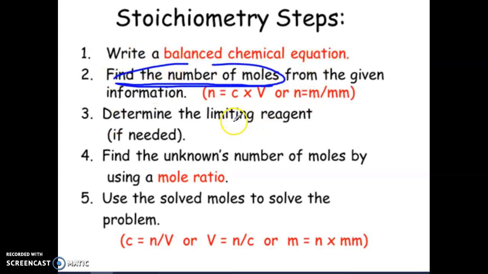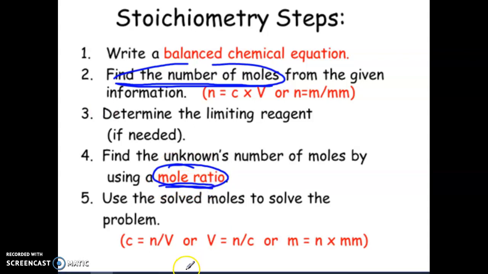If you have a situation where you have two different reactant values given, you would then still find which one is limiting in exactly the same way that we learned in our last unit. You then apply whichever one is limiting, or if there's only one number given, you use that to solve for the unknown moles using mole ratio.